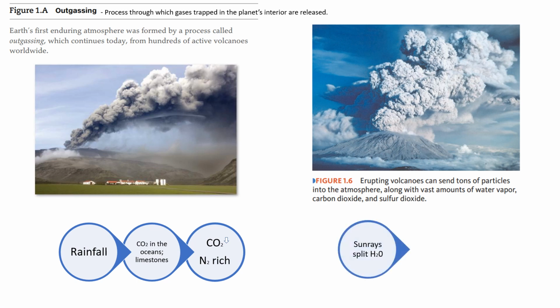And also for the water vapor, the sun's rays split the water vapor into hydrogen and oxygen. They split separately the hydrogen and oxygen.